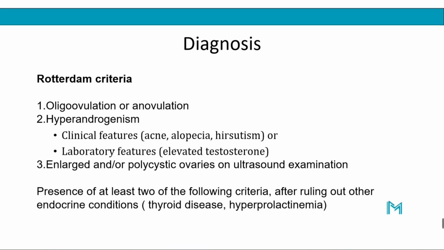So you do your serum levels of LH and then your serum level of FSH. Typically in PCOS patients, the LH levels are very high compared to the FSH, and so you have a ratio of greater than 2, and that is something that is very relevant when you're making a diagnosis of PCOS. And you screen for other comorbidities, as we mentioned. But when at least two of these criteria are met, then you can say that the patient has PCOS.